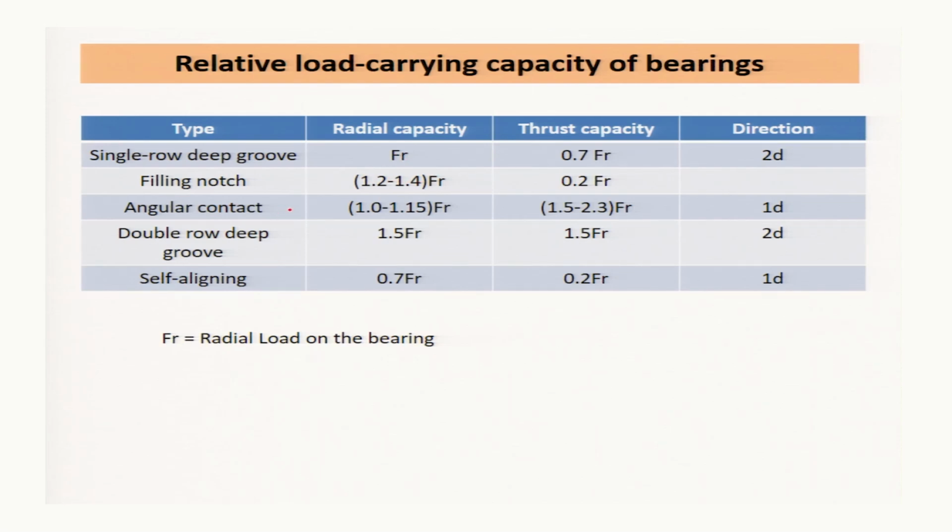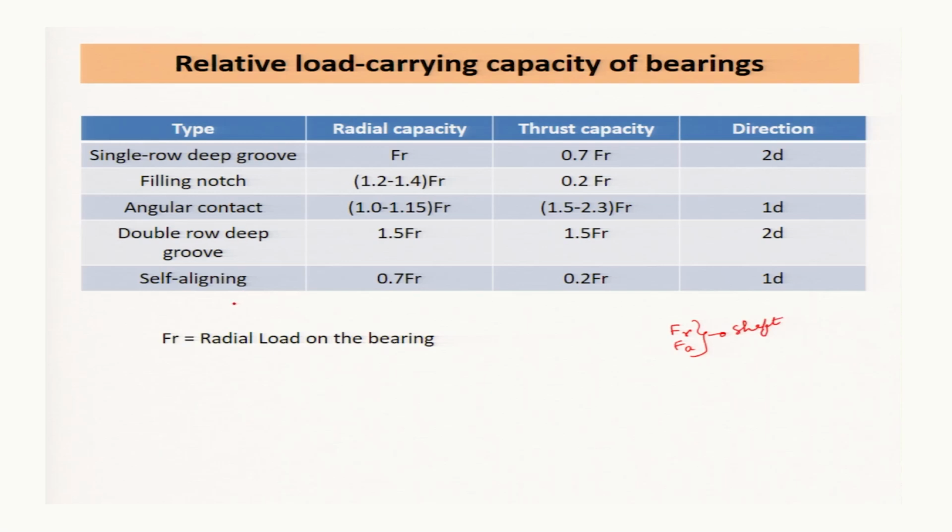In the case of angular contact, it will be 1 to 1.15 of this Fr of the single row deep groove ball bearing, and the thrust load which this angular contact bearing can take is 1.5 to 2.3 of the Fr. So, depending on what amount of radial load Fr and what amount of axial load Fa will act on your shaft, you will choose a type of bearing.